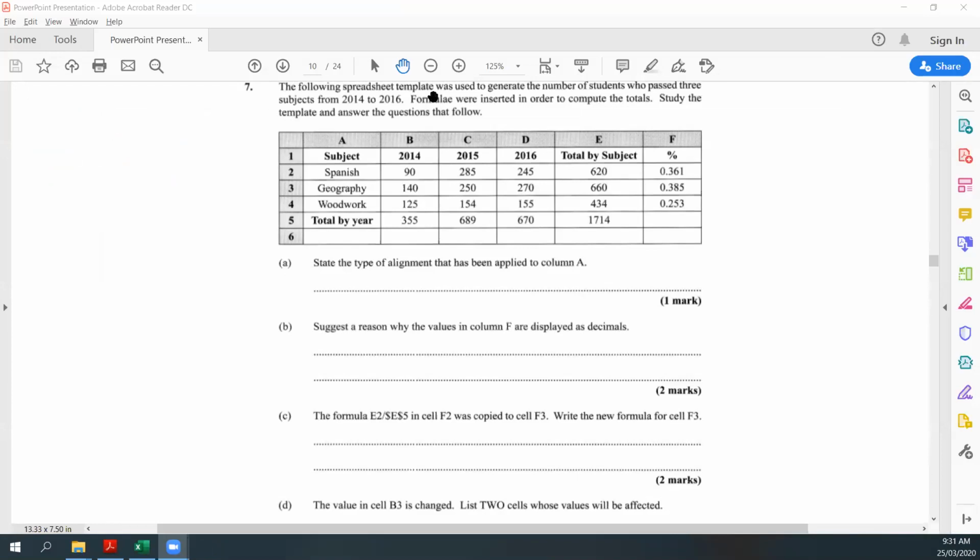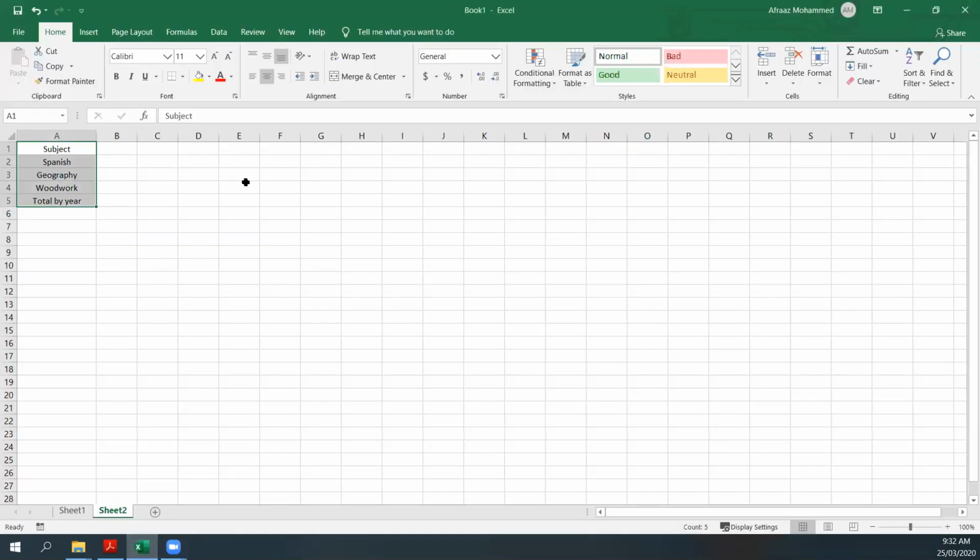This cell should be displaying a percentage, okay? And generally, when you set a value to percentage, it will multiply the outcome by 100.